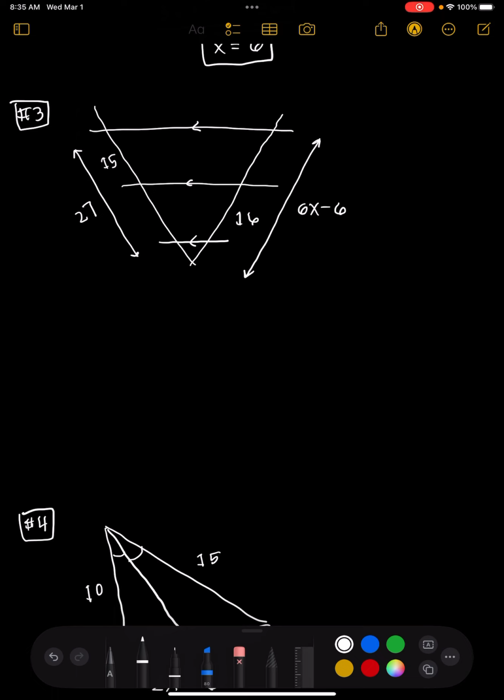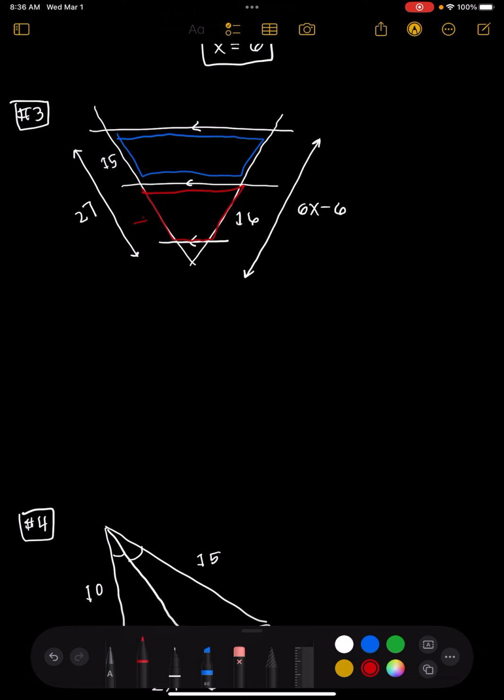You could actually do this chunk and this chunk, and I know they're not triangles, but it could work.